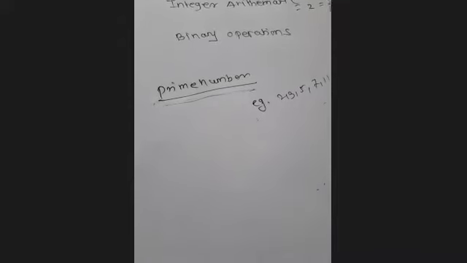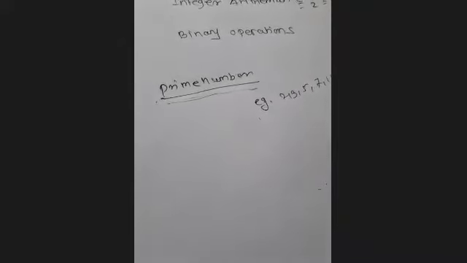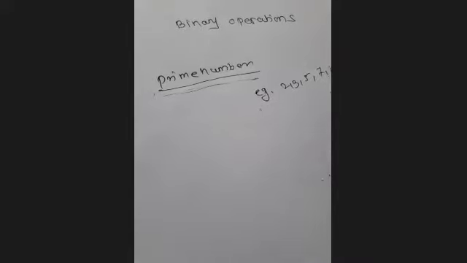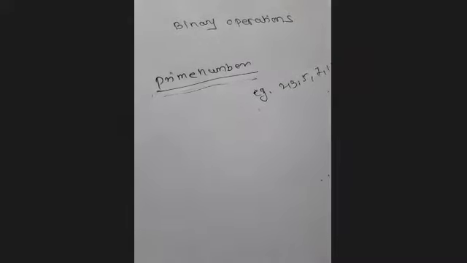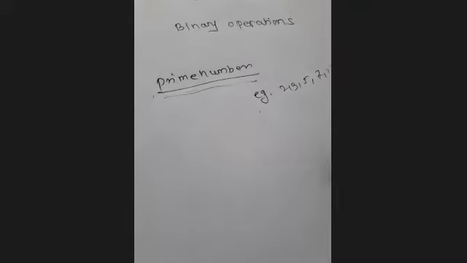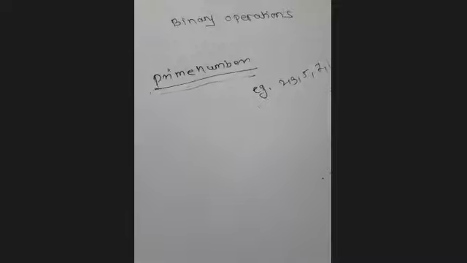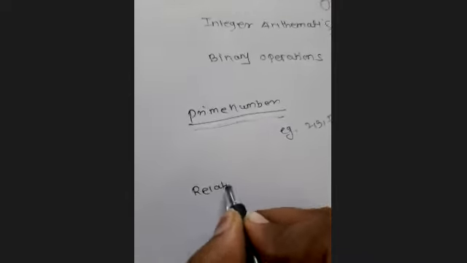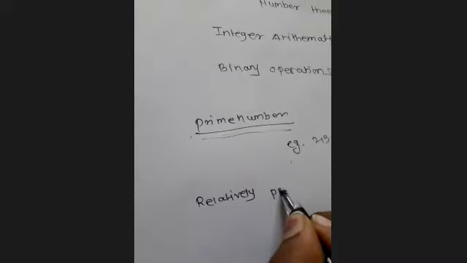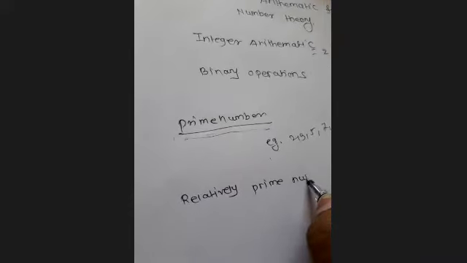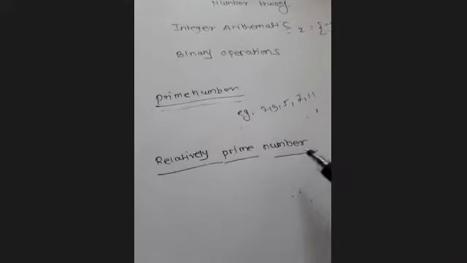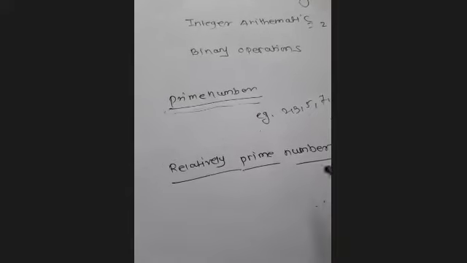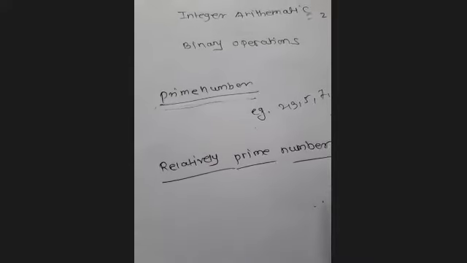Now what is meant by relatively prime number? Two numbers are relatively prime to one another when they have no common factor except one.